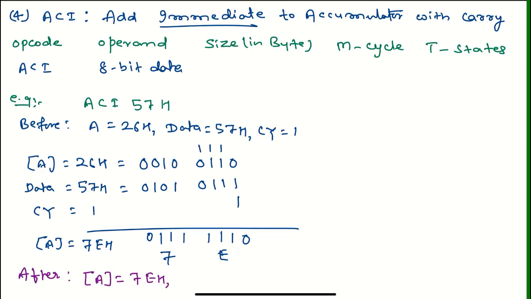So if you see here the result here, so this is here sign bit, this is 0, then this is auxiliary carry, this is parity bit, and this is carry bit here.